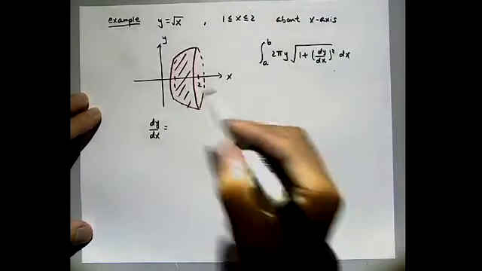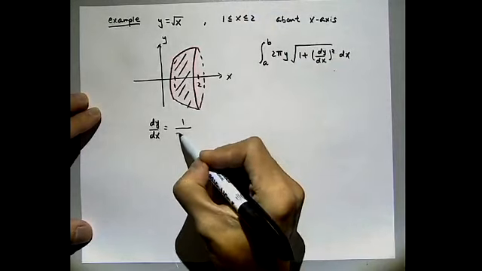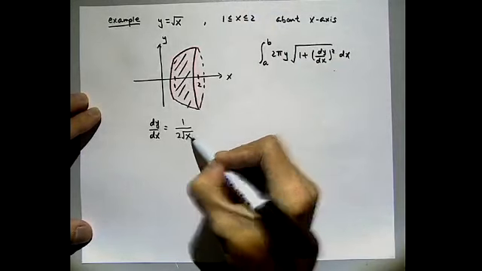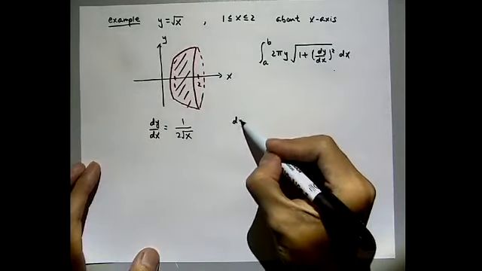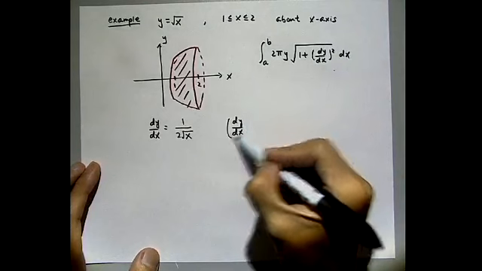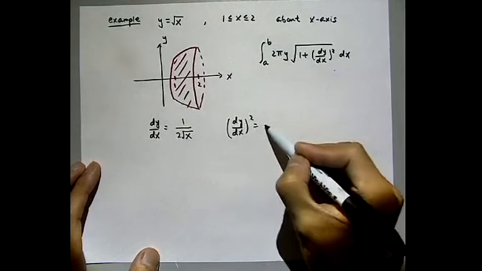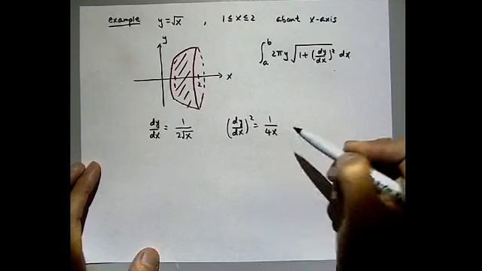Okay, dy/dx, derivative of x to the 1/2, 1 over 2 radical x downstairs. Square that. We get 1 over 4x.